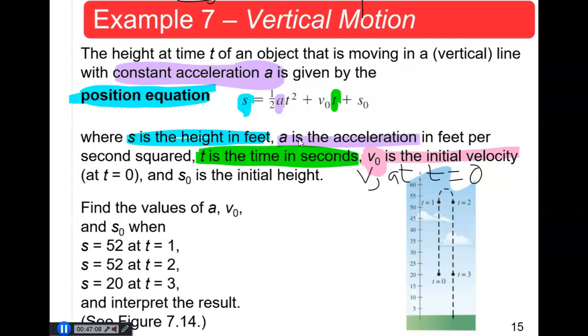That's why it's initial. And S sub 0 is going to be the initial height. So it will be the position, or the height, or the vertical position at t equals 0 as well. So that's why we call it initial.